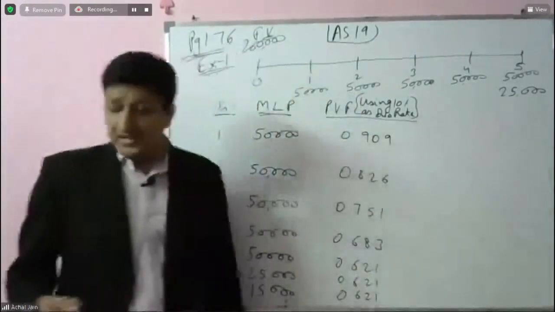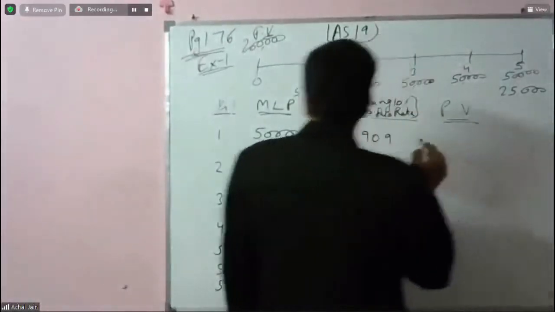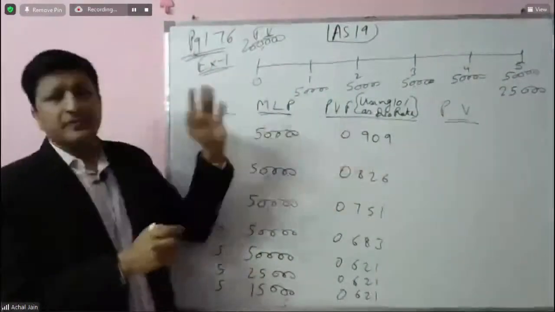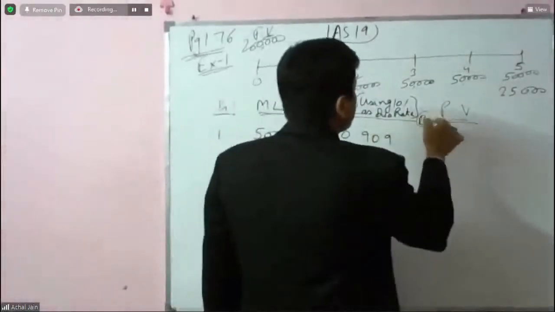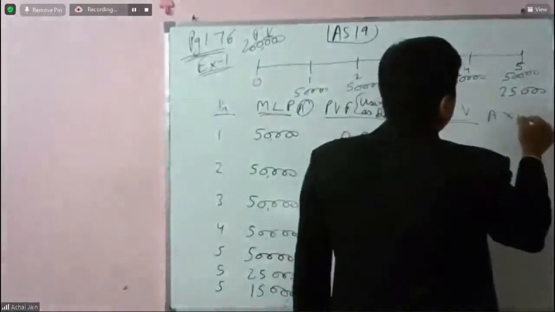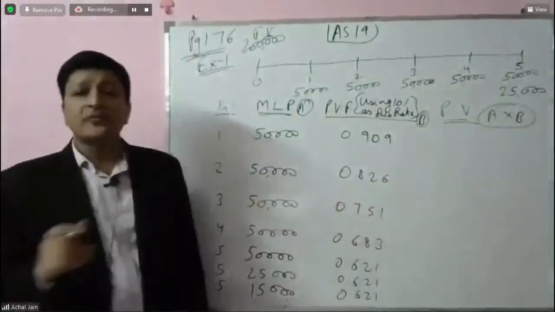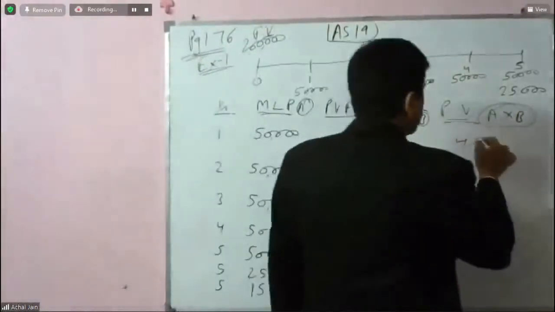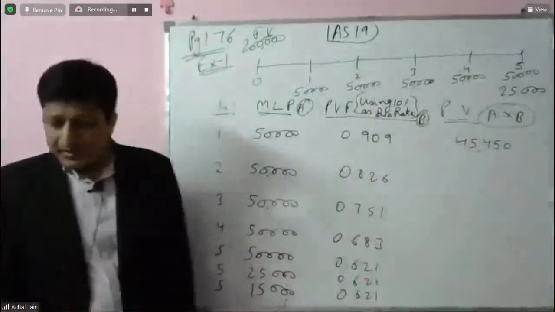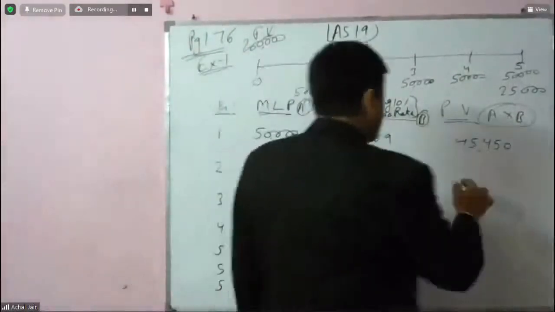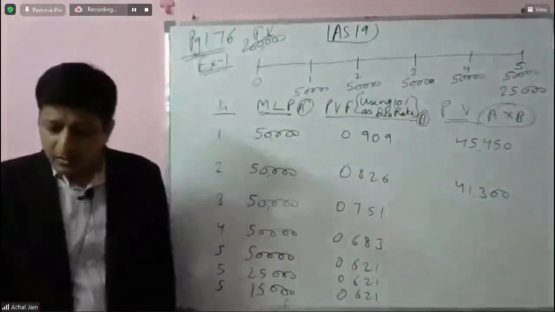So how do we get the present value? Present value will be MLP into PV factor. So this is A, this is B. This will be A into B. So what do we get? 45,450, number one. Then we get 41,300. You may also compute this and start sharing your answers.